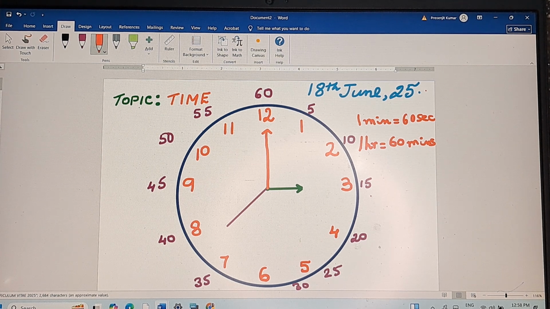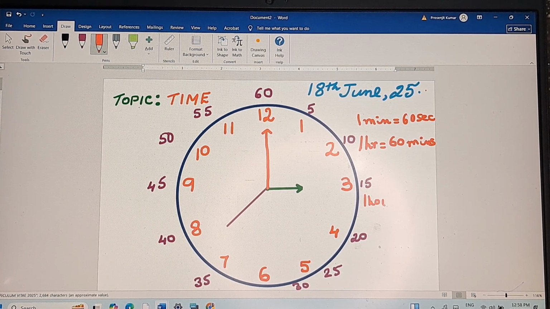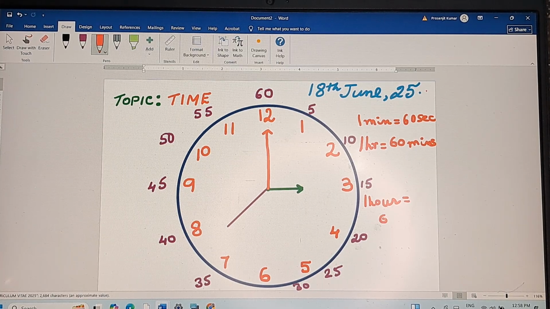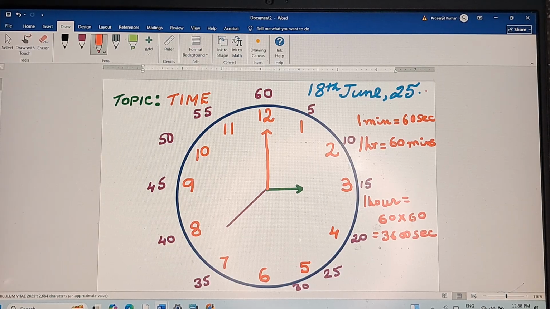Now if I ask you all, 1 hour equals how many seconds? It will be 60 into 60. That will give 3600 seconds. So 1 hour equals 3600 seconds.